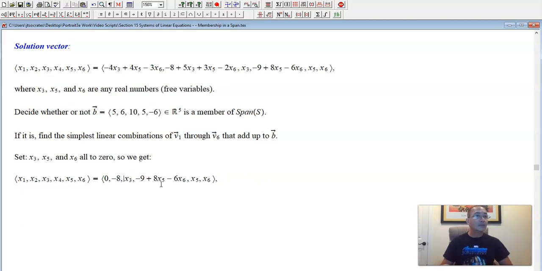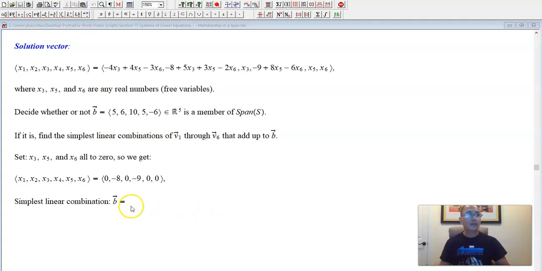In the third component, x3 is 0, a free variable. Fourth component, minus 9 survives. Fifth component, x5 is 0. Last component, also 0. So we only have 2 non-zero entries in our solution vector.